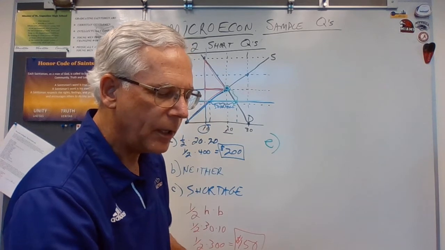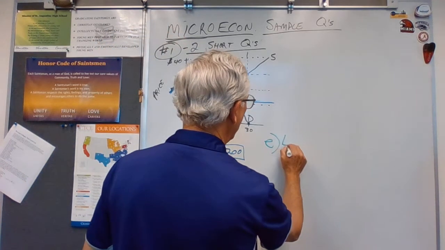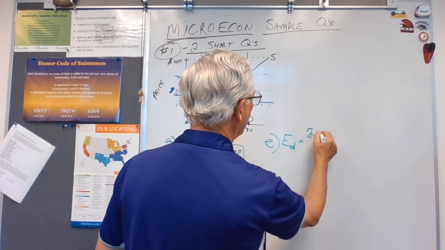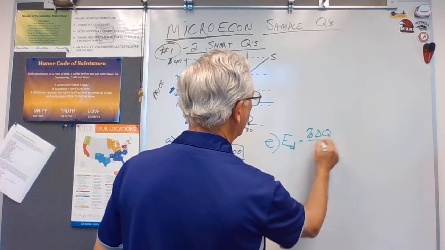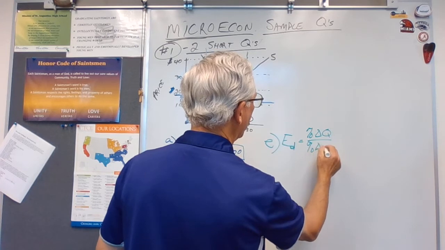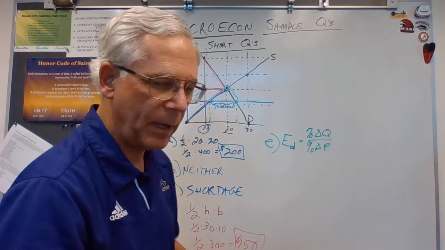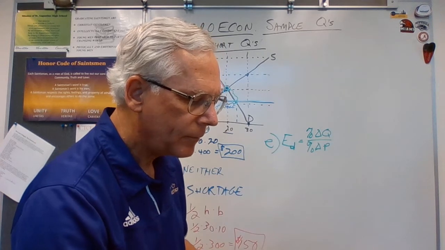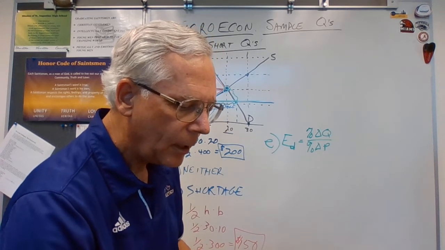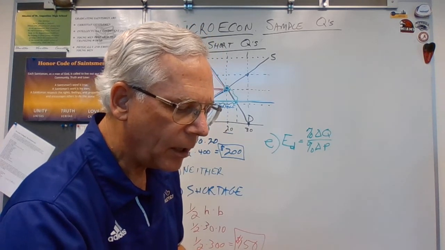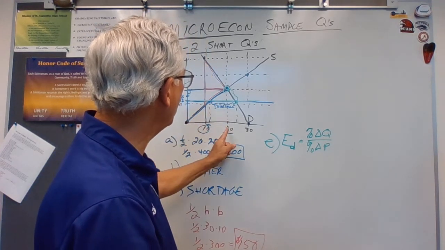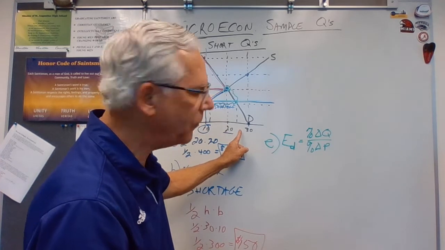Show your work. The elasticity of demand, if you recall, is the percentage change in the quantity on the top, percentage change in price on the bottom. So the percentage change in quantity is going to go from 20 units to 24 units.